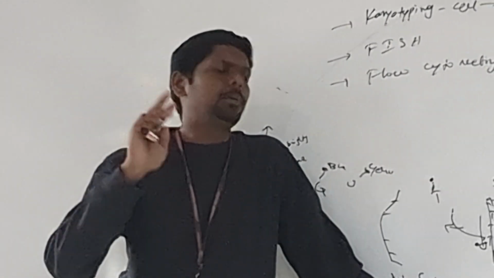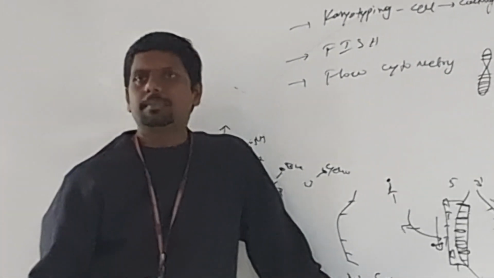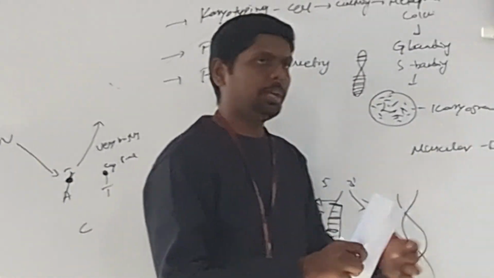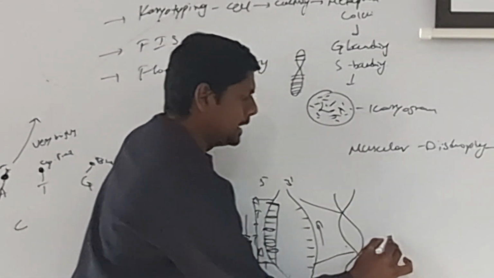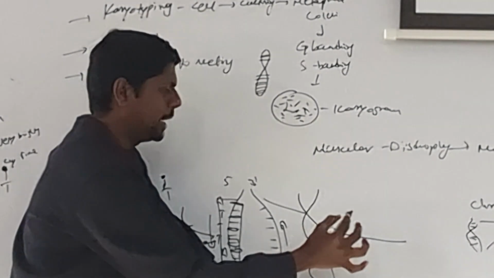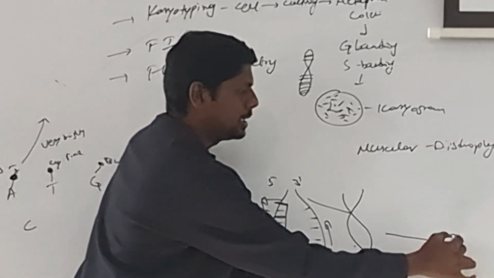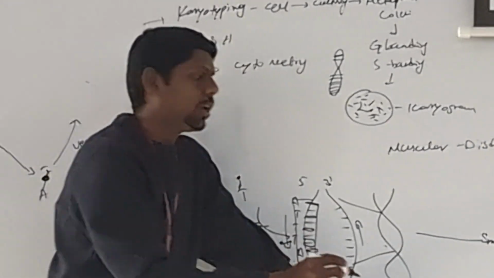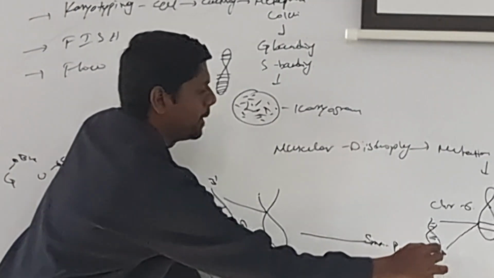Clear? Now, the suspected gene. I know my suspected gene is muscular dystrophy. See, this is our radioactive base pair. Synthetic primer, a normal primer.